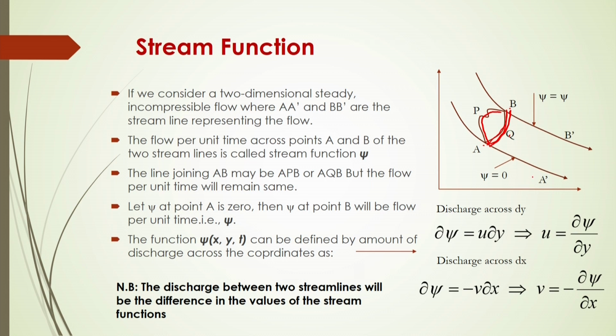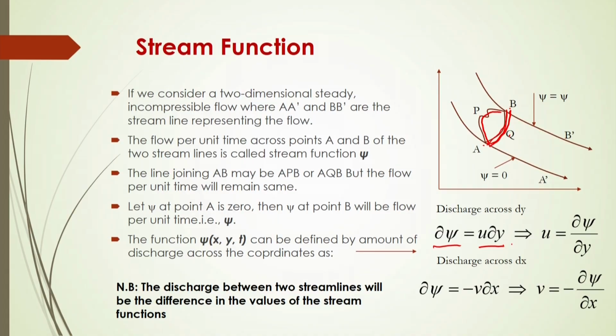Then the function psi, which will be a function of x, y and t, is defined by the amount of discharge across the coordinate. Here, dou psi will be equal to u into dou y, which implies that u will be equal to dou psi by dou y.